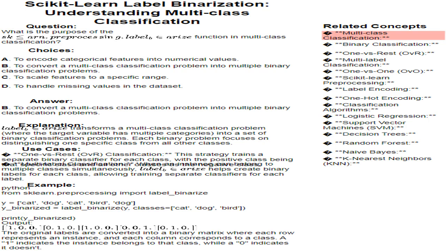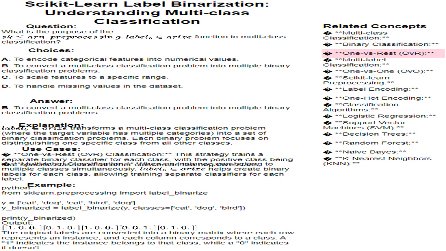Multi-class classification: a classification problem where the target variable can take on more than two distinct categories. For example, classifying images as cat, dog, or bird. Binary classification: a classification problem with only two possible outcomes. For example, classifying emails as spam or not spam.